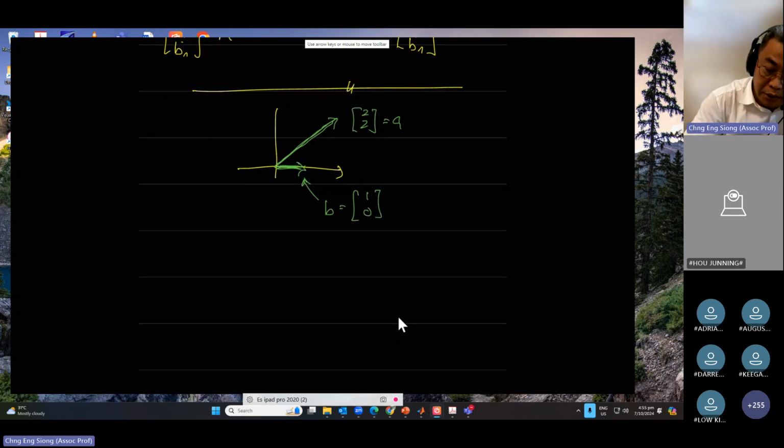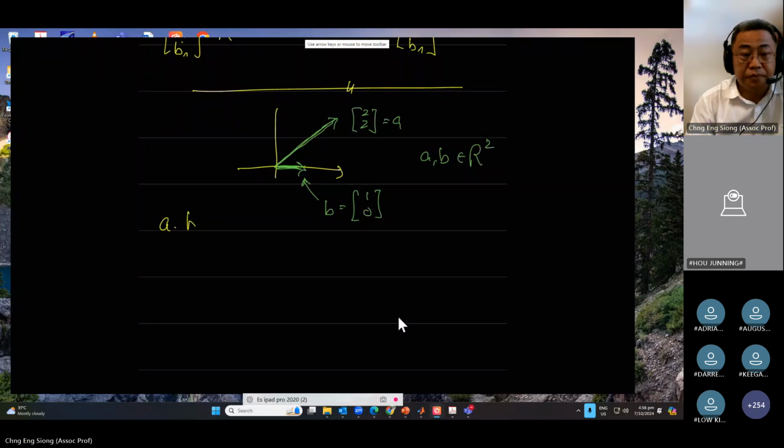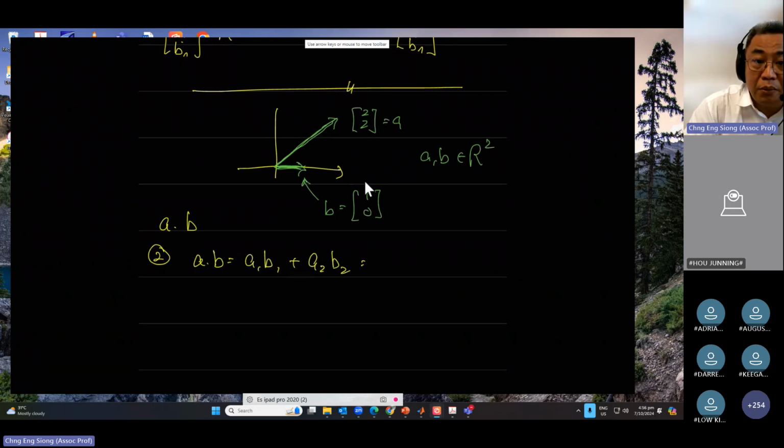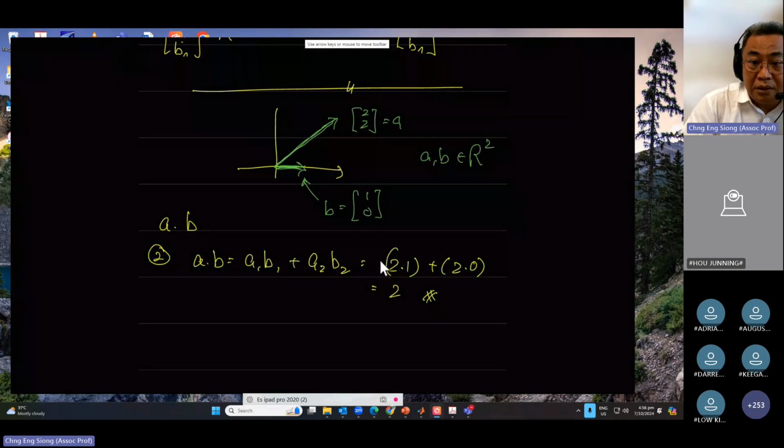And a and b belong to R2. Now we want to find a dot b. That's all. It's very simple. Among the ways that I would play with, the easiest one would be the second way, where a dot b equals a1 b1 plus a2 b2. Of course, we multiply the first elements, 2 times 1, plus 2 times 0, and the answer is 2. Finish. a dot b gives you 2.